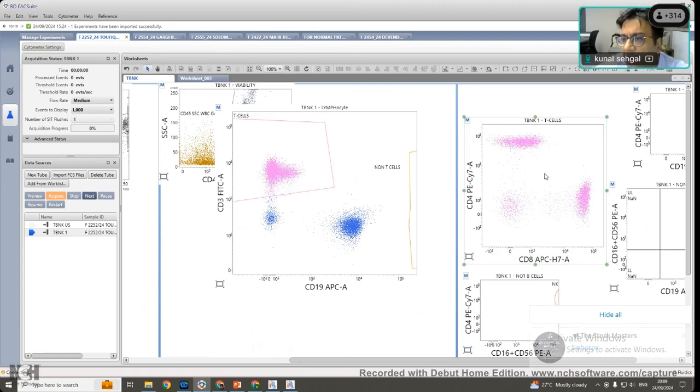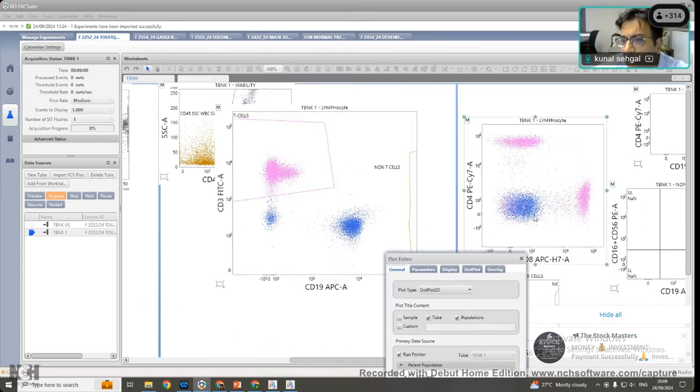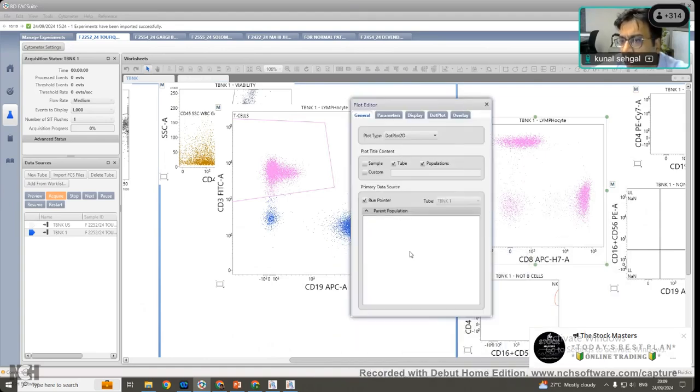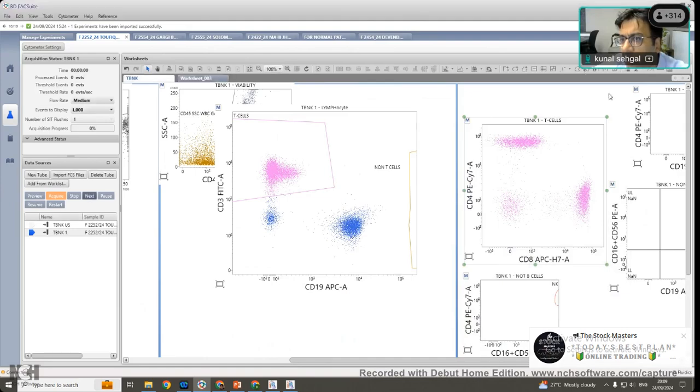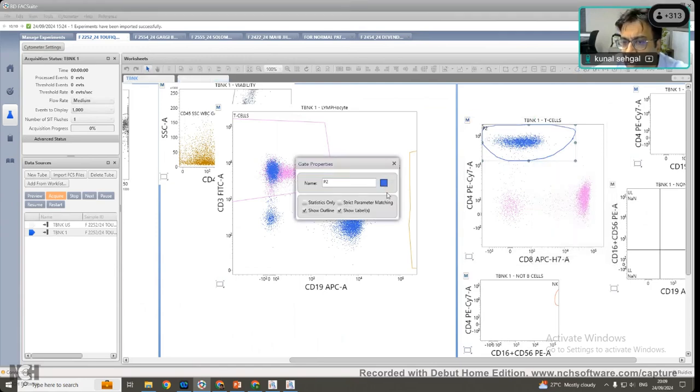First thing I have done here is I have not displayed all lymphocytes. If I display lymphocytes, the blue color and the pink color cells are displayed. I have told it I want to display only the pink color T cells. Then I can make a gate around here. To not confuse the two blues, I'll give it a different color, say green.